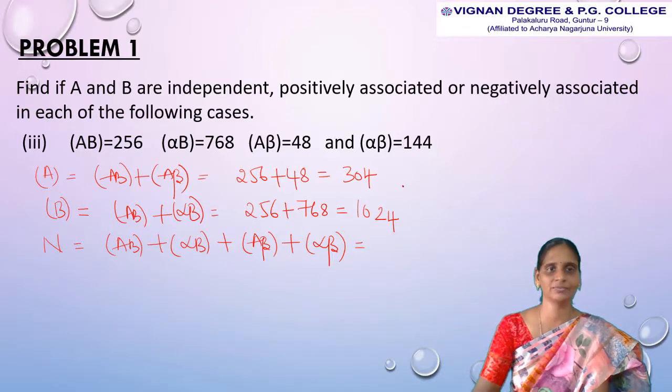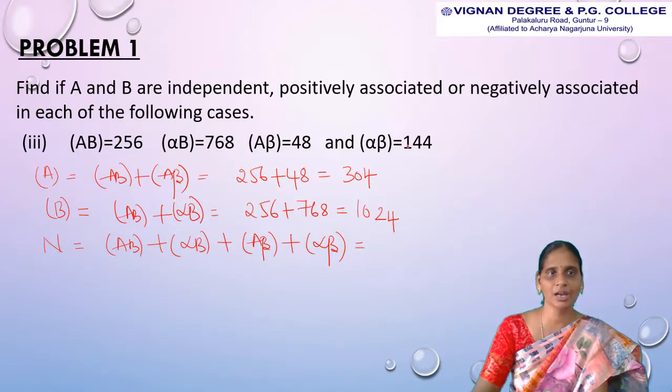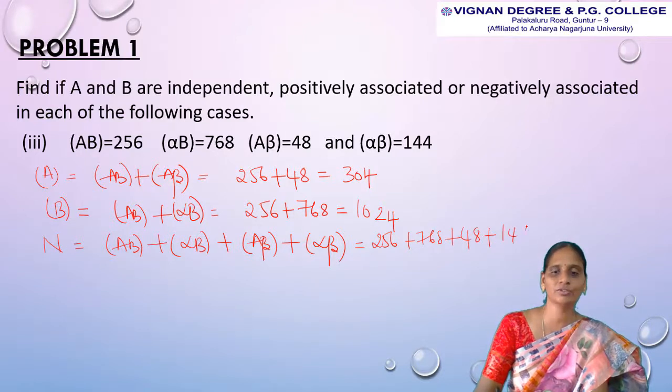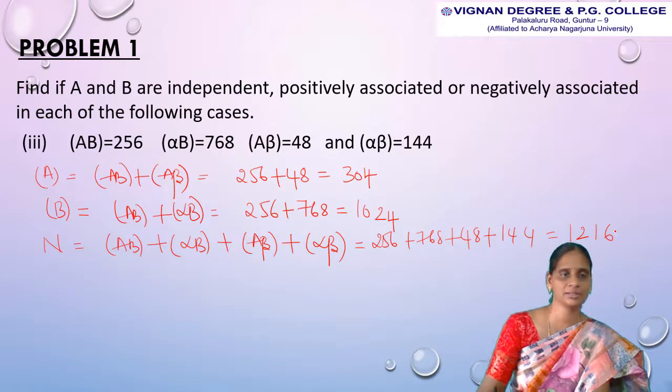So after addition of these 4 values, 256 plus 768 plus 48 plus 144, we get 1216.